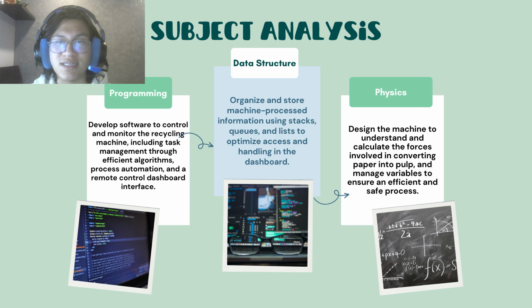Another one is data structure, to organize and store information processed by the machine, using stacks, queues, and lists optimizes the way information is accessed and handled in the dashboard. And the last one is physics, to do the machine design, helping to understand and calculate the forces involved in converting paper into pulp, as well as managing variables to ensure an efficient and safe process.